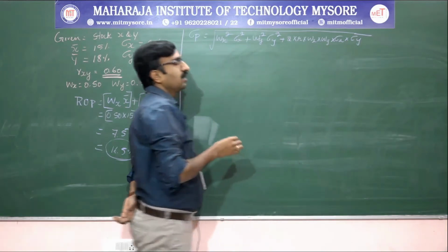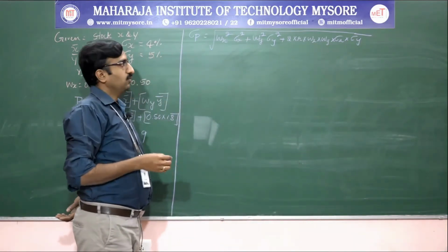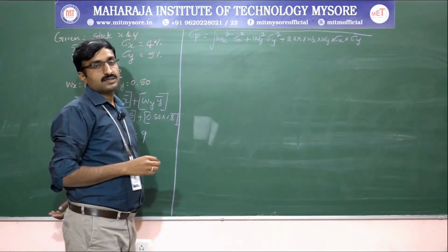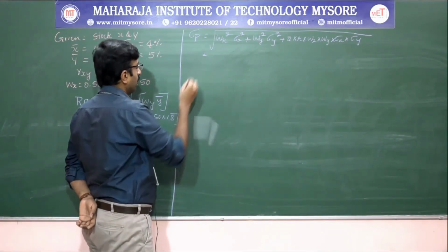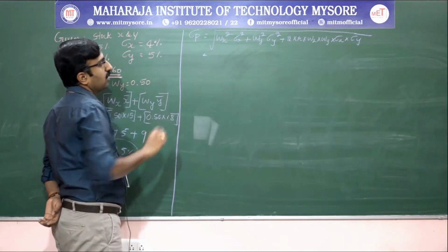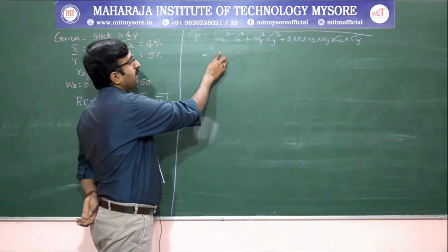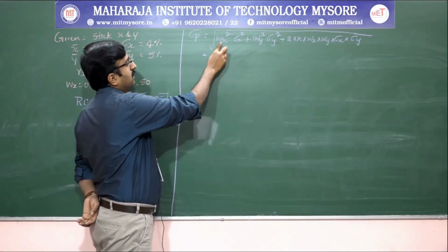This is the formula we apply for calculating standard deviation P. So, based on the availability and calculated values we can go for finding the standard deviation P.